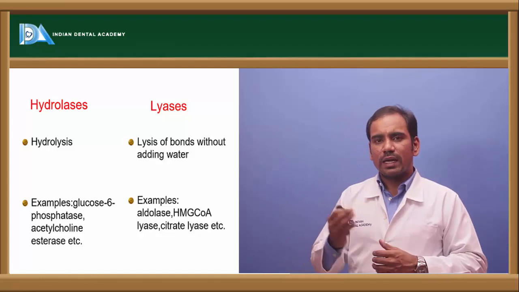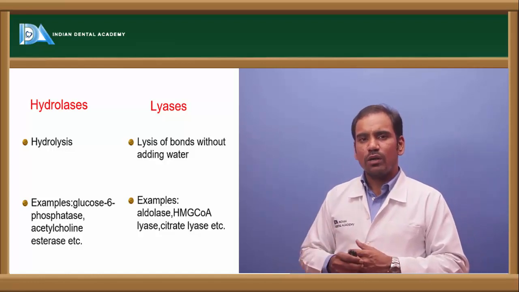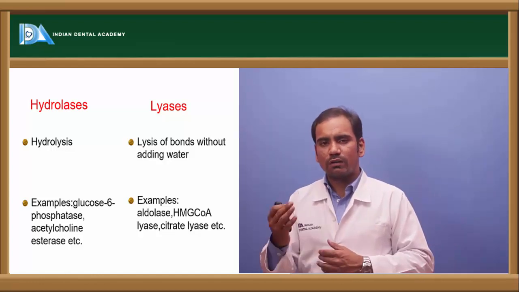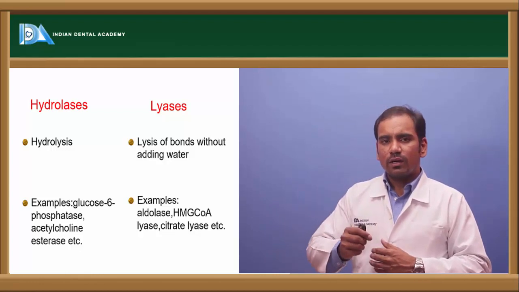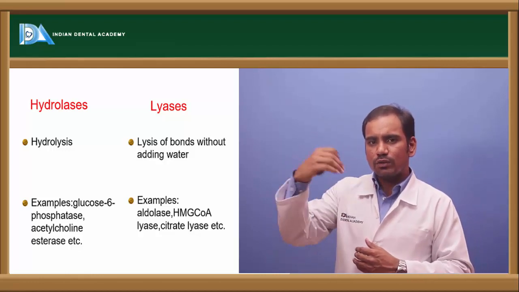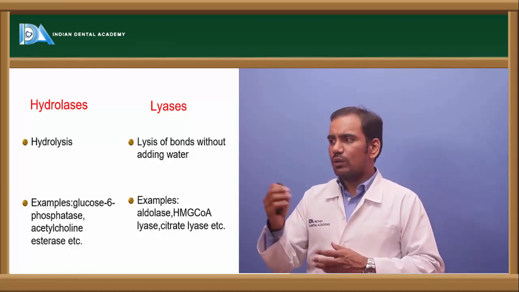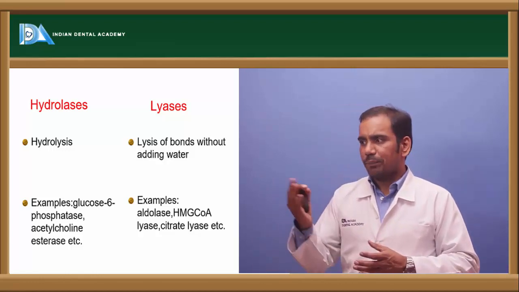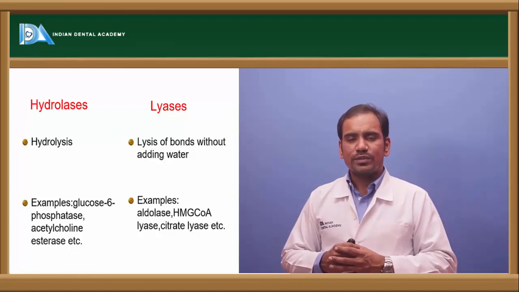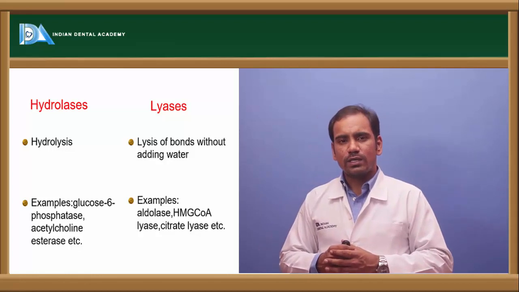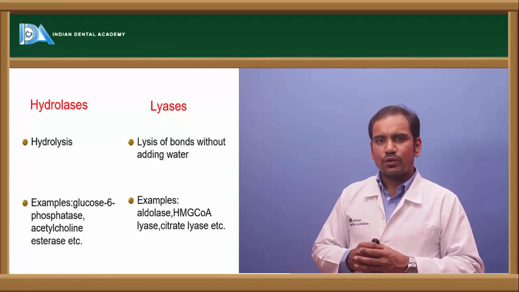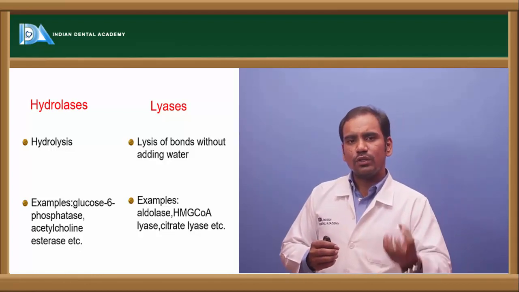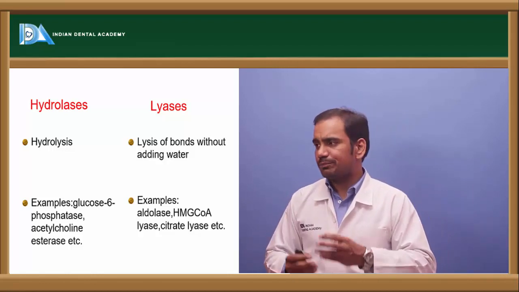So that bond may be a glycosidic bond, peptide bond, ether bond, ester bond, whatever it may be. So whenever it breaks the bond by introducing a water molecule, we call those enzymes hydrolases. For example, glucose 6-phosphatase, acetylcholinesterase, those are the enzymes which introduce water and break the bonds.